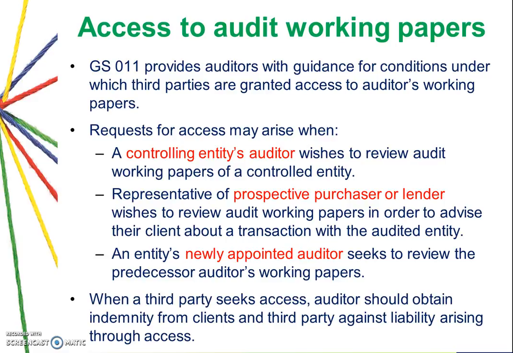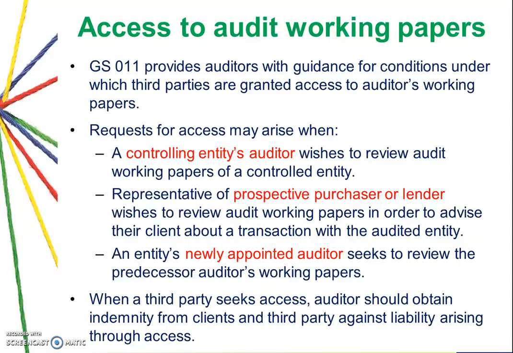The prospective purchaser or lender of the client can also review the audit working papers before making their decision, but it must be consented to or approved by the client. Also, if you are the newly appointed auditor, you can ask the previous auditor to allow you to view their work.